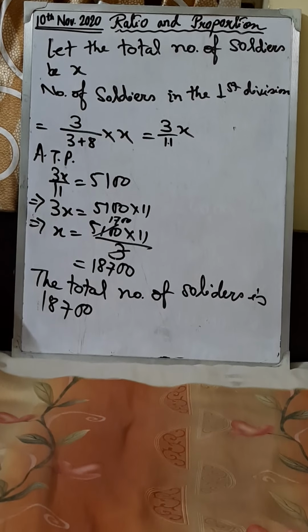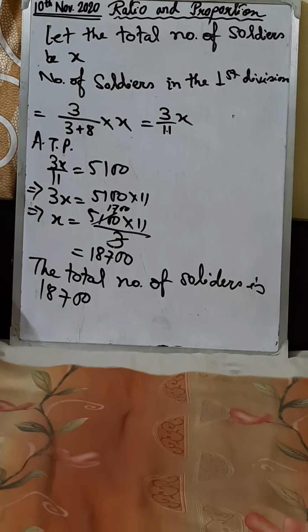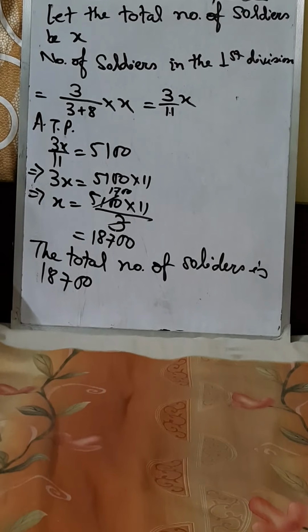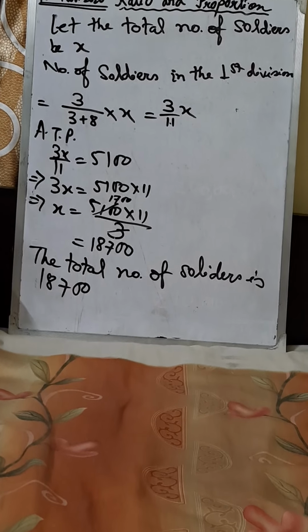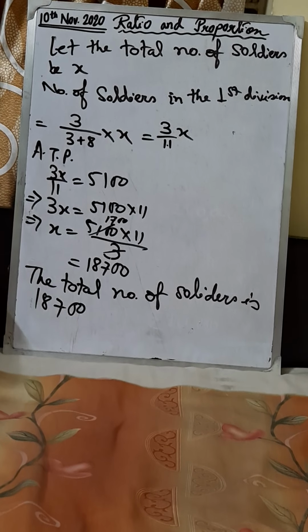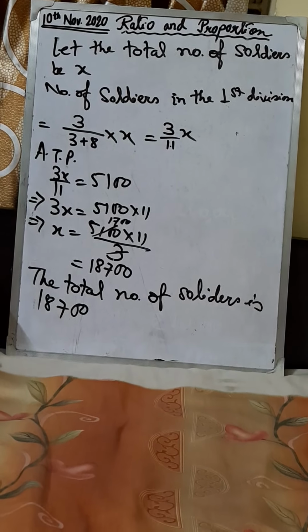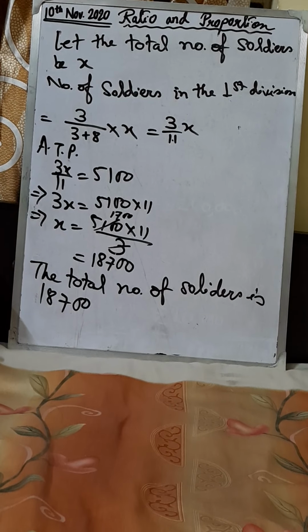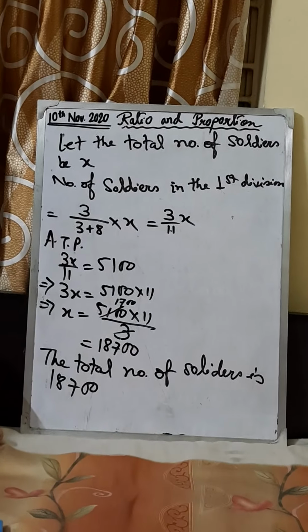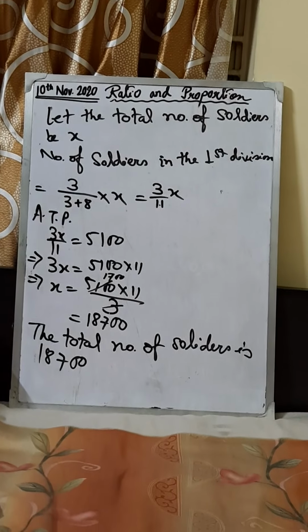If he works 5 hours, he completes it in 16 days, but in 8 hours, how many days are required? In simple terms, the hours are in the ratio 5:8, and the number of days is 16. So 5 by 8 of 16 days, you can easily find it.